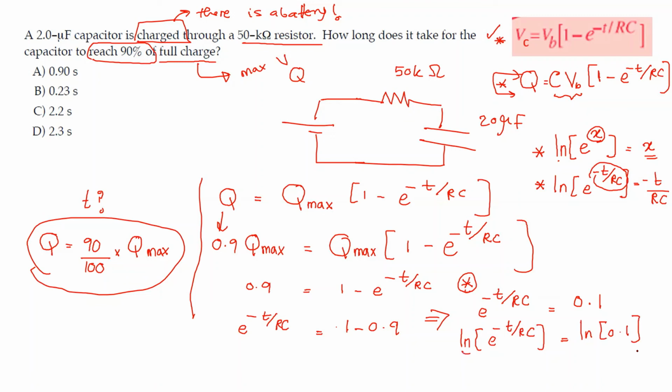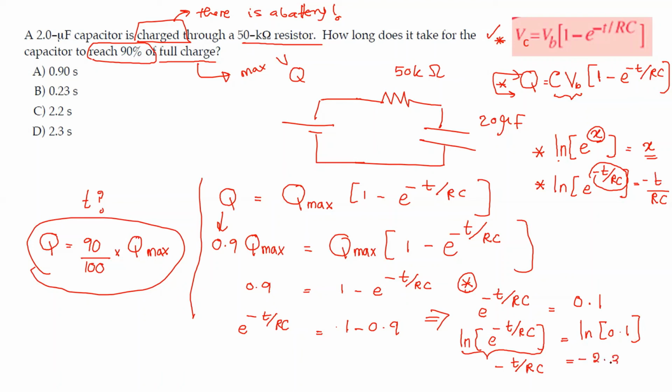So we know how to simplify this part. We know when we take the natural log of an exponential, we get the answer as negative t divided by RC. But in this part, we don't know the value. We have to plug this in the calculator and get the answer. So if I do that, I get negative 2.3.